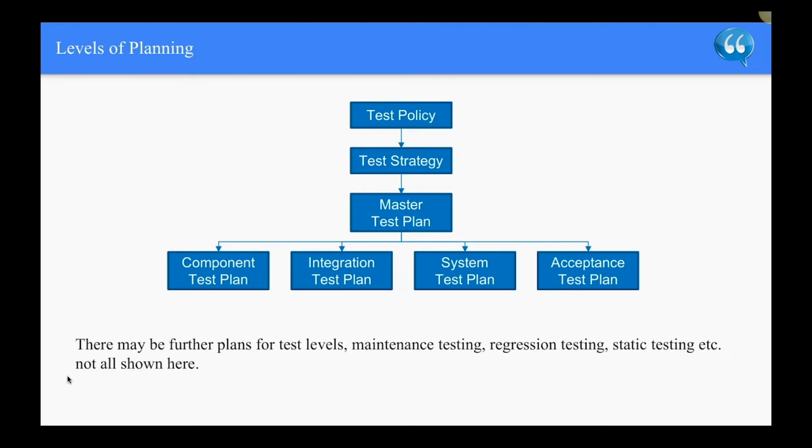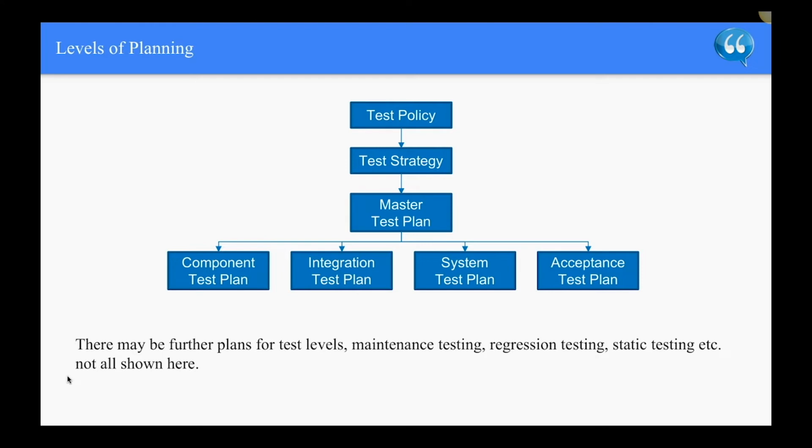Here's a graphical hierarchy of the planning. Like I mentioned before, there's a test policy, the test strategy, and then the master plan. Under the master plan, for the project itself, there's a component test plan specific to the components, then moving on to the integration test plan, then the system test plan, and then the acceptance test plan.